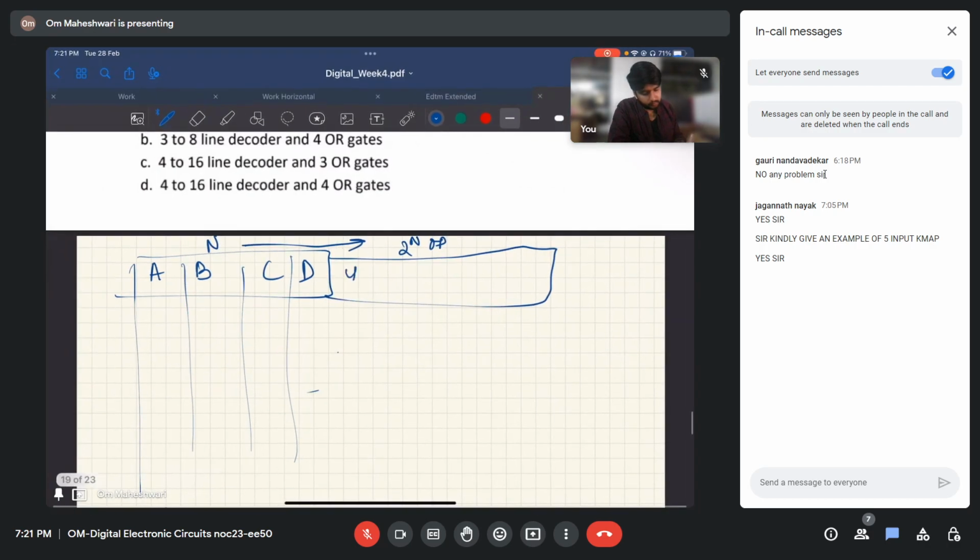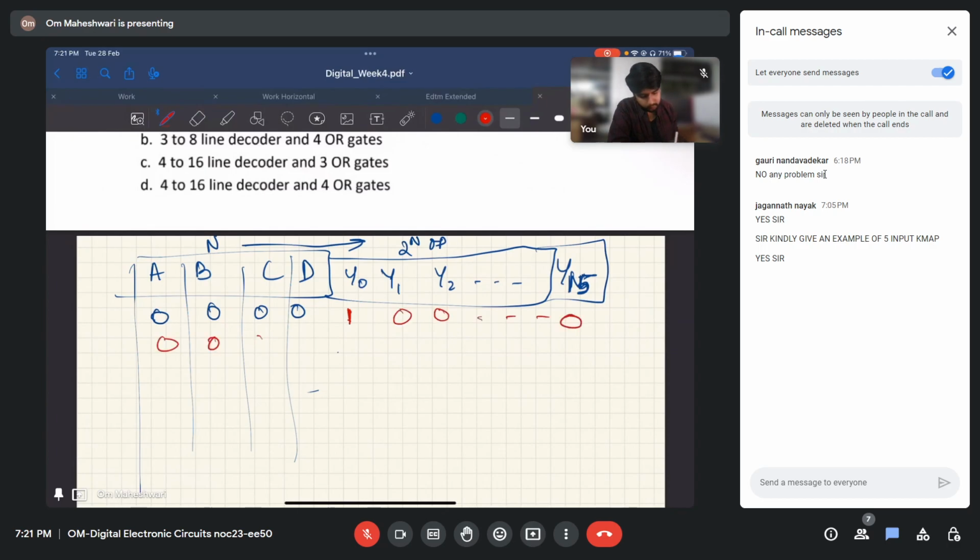So we'll have 16 outputs, y0, y1, y2, dot dot dot, y15. If the input is 0, 0, 0, 0, only y0 will be 1, rest all will be 0.